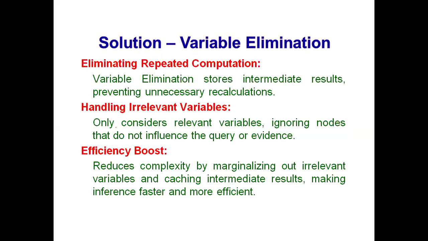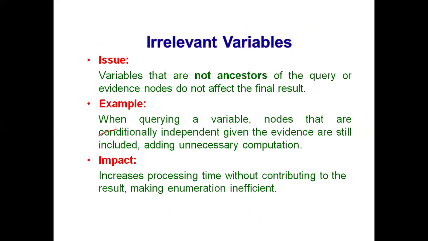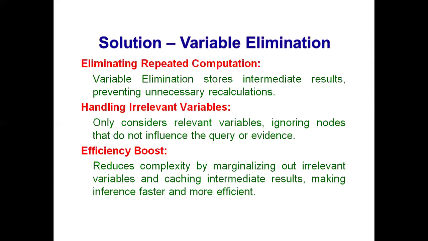What is the solution to reduce these problems? The way, first, eliminating the repeated computation. Variable elimination addresses the issue of repeated computation by storing intermediate results during the inference process. Instead of recalculating probabilities multiple times, it caches these intermediate results, allowing them to be reused when needed. This reduces the overall computational complexity and makes the process significantly faster, especially for larger networks. Next, handling irrelevant variables.